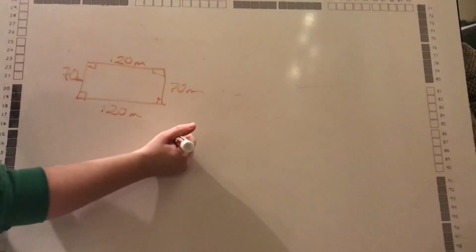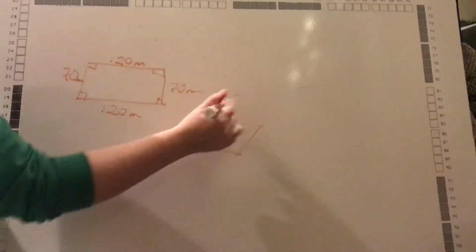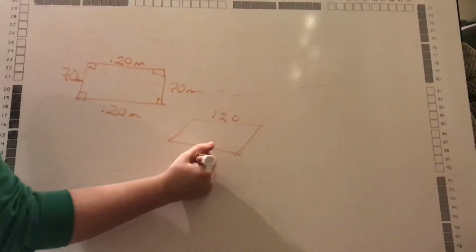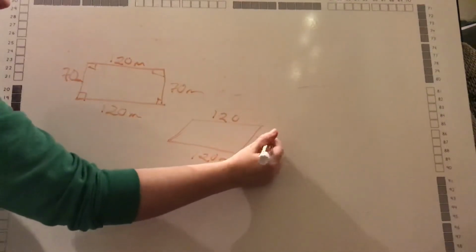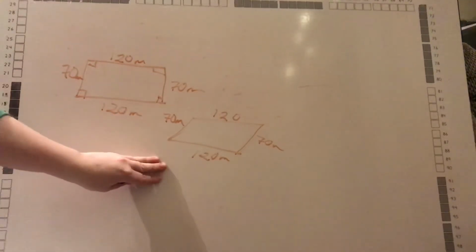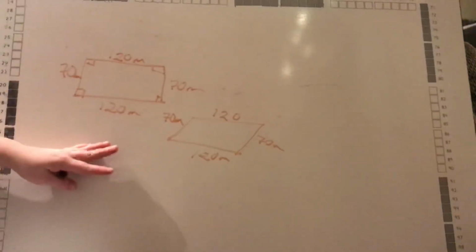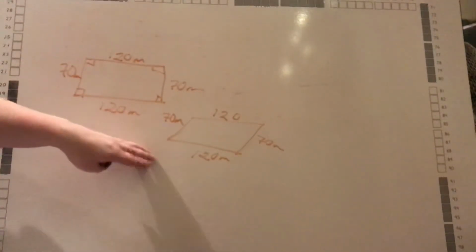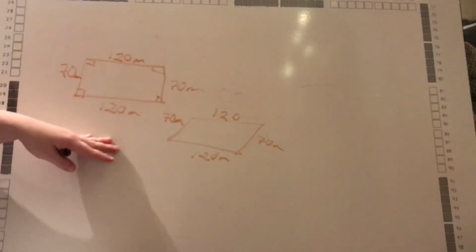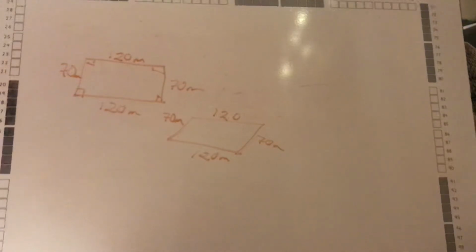And then you have a parallelogram with the same side lengths. Can you lay this on top of this exactly? No. So if you have more sides than a triangle, then you also have to have equal angles. They can only be congruent if the angles are also equal.